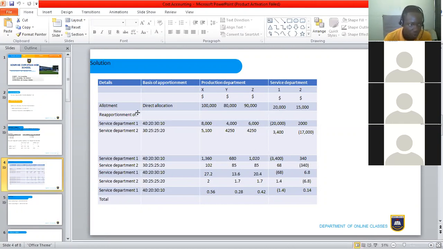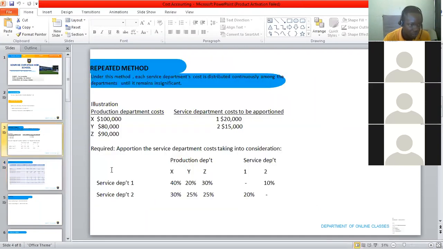Service department one, we've been given 40%, 20%, 30%, and then 10%. All this is in the question.